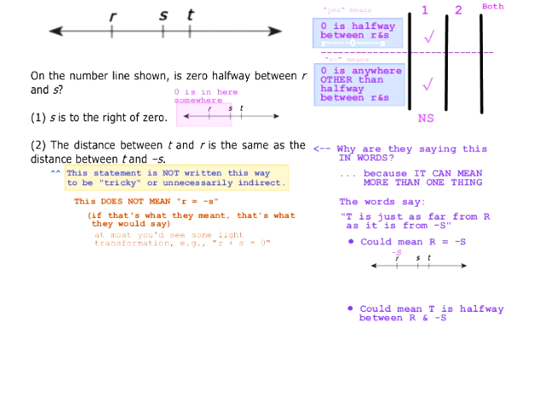If this point called r is also minus s and that's s, which means that 0 is going to be the exact halfway point. So in that case, 0 is definitely halfway between r and s.